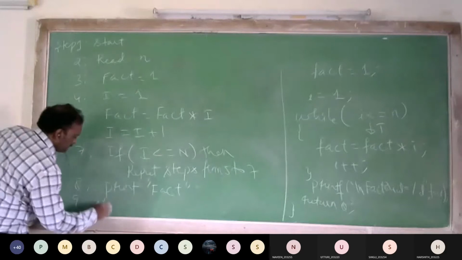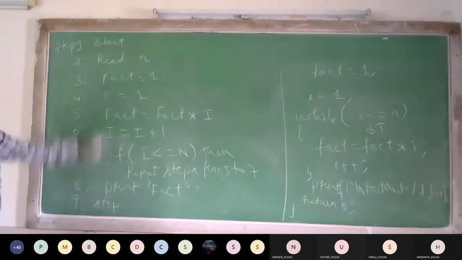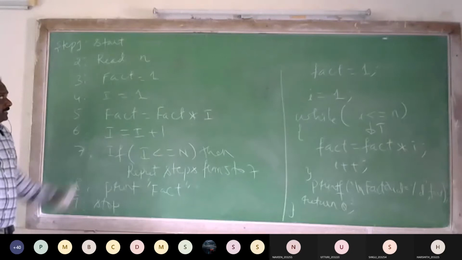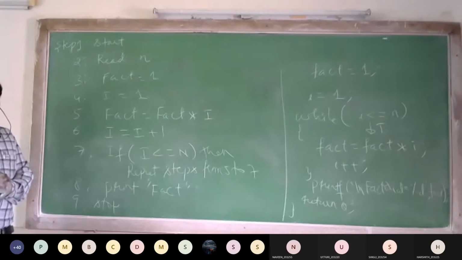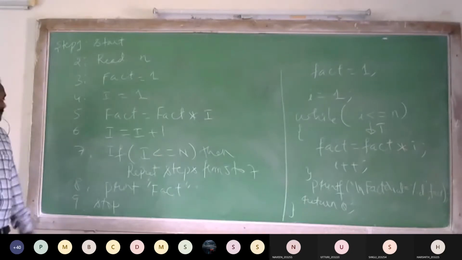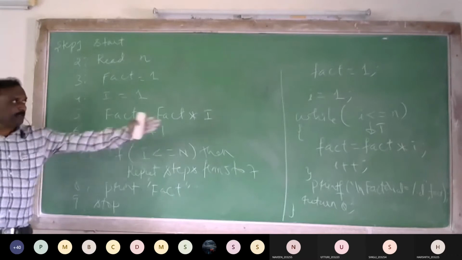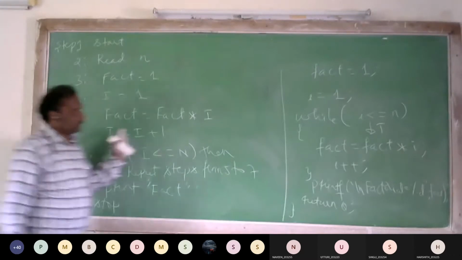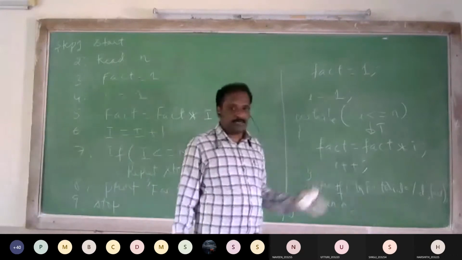What is the last step? Last step is stop. This is the algorithm I have written when explaining how to find the factorial of a given number. Now I have written the program. Now I have converted this algorithm into program. How?